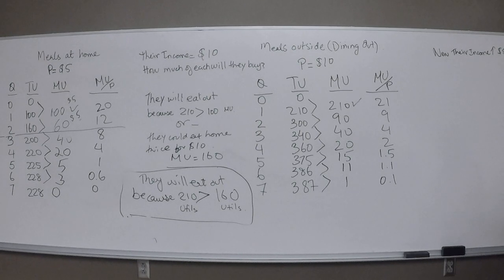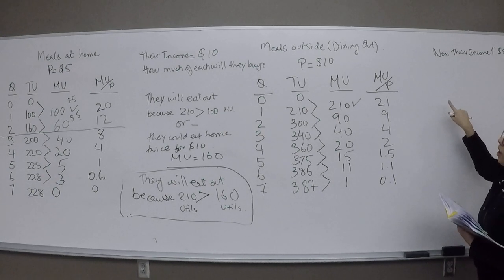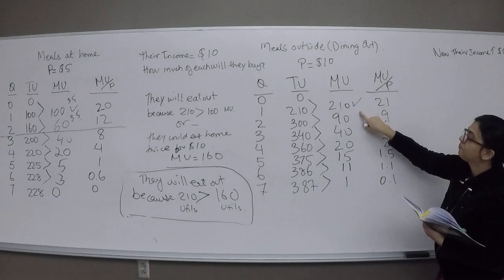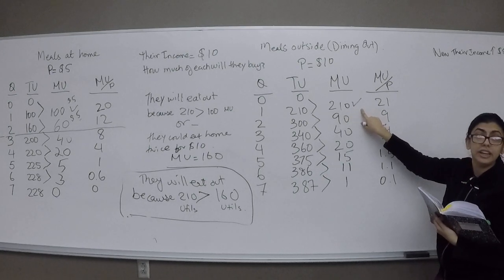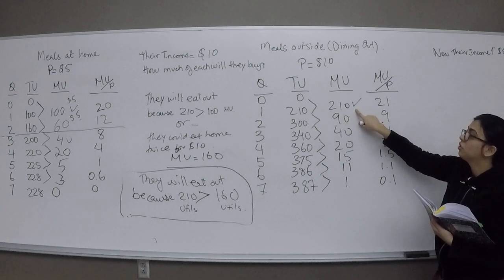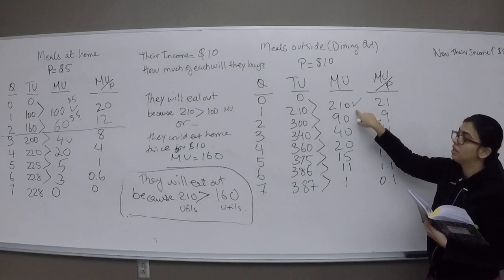So, how much of each will they buy? Let's compare the marginal utility. First, the first $10 they can spend eating out, and it will give them 210.